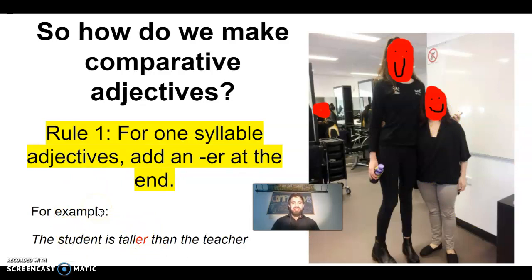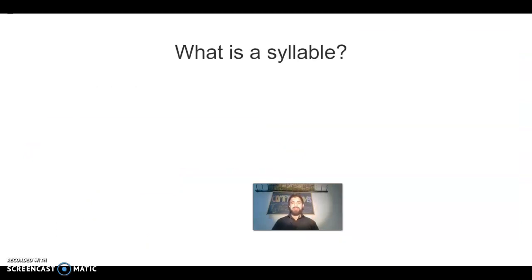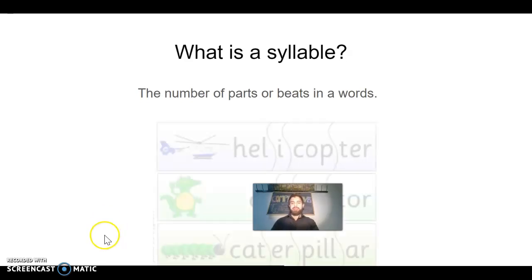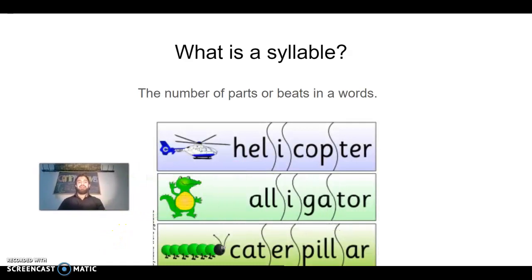Now, before we continue, I just want to make sure you know what the syllables are. What is a syllable? The syllables are the sounded parts or beats in a word. So let's take a look at what we've got here.